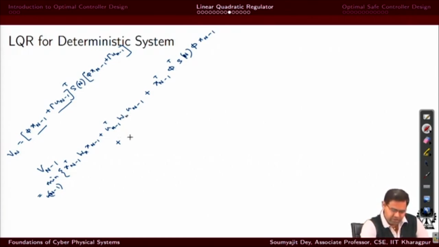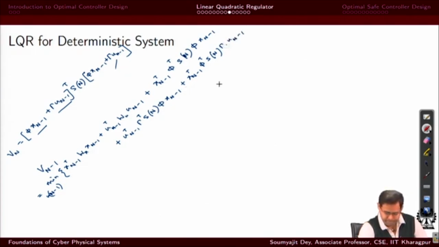So, you will have u transpose n minus 1, gamma transpose S n phi x n minus 1, and then again take this, and this term needs to be multiplied now with the other two. So, that is what we get.